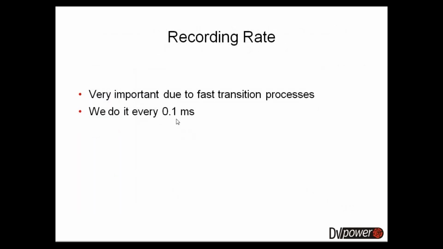And for that reason, the DV power instruments record the current every 0.1 milliseconds. And this very high recording rate is important in order to enable capturing all these individual parts of the process and for precise measurements of the transition time of the tap changer operation.